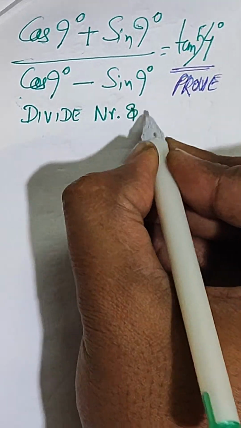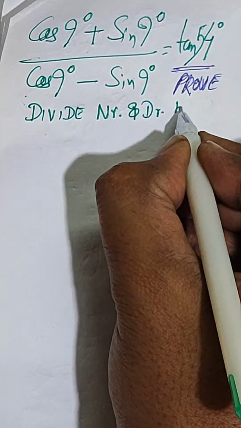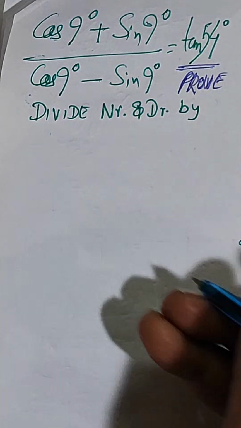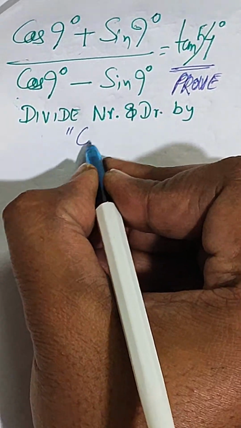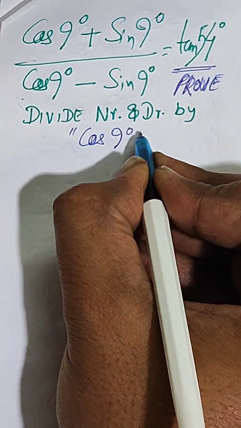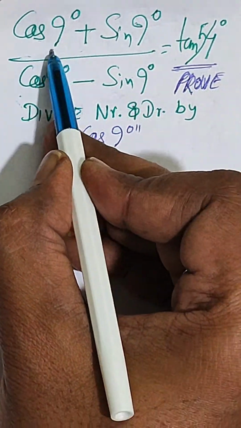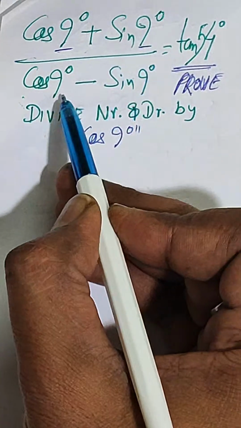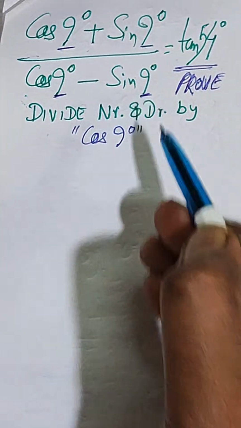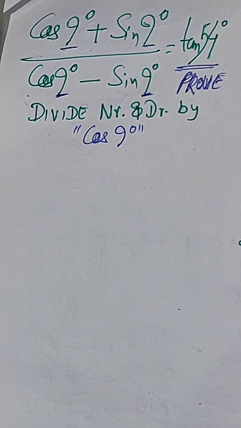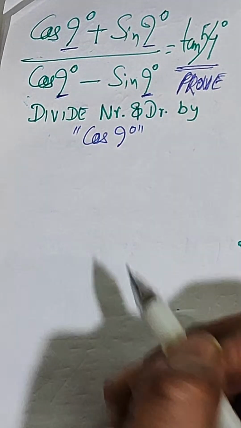So what we'll do, divide numerator and denominator by what? By cos. So cos of what? The angles over here, 9 degree, 9 degree, 9 degree, 9 degree, all are the same. So just divide it by cos 9 degree, right?